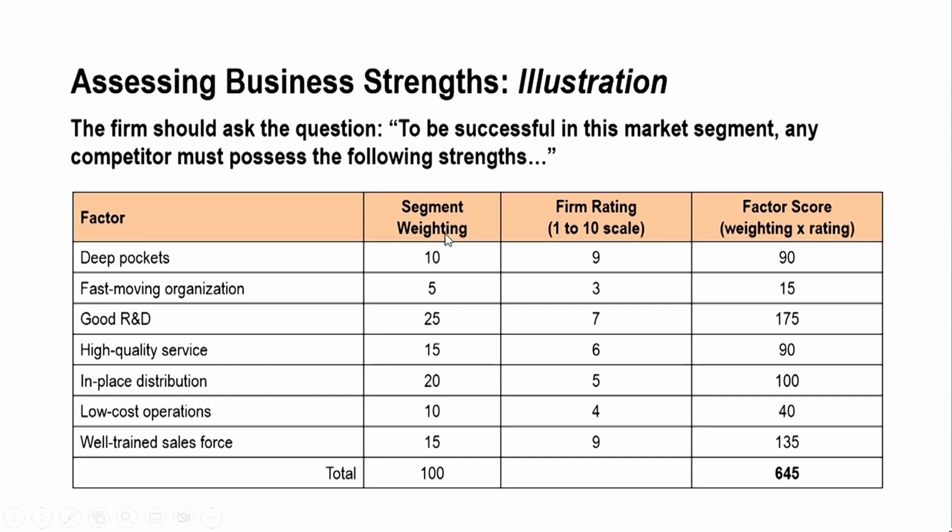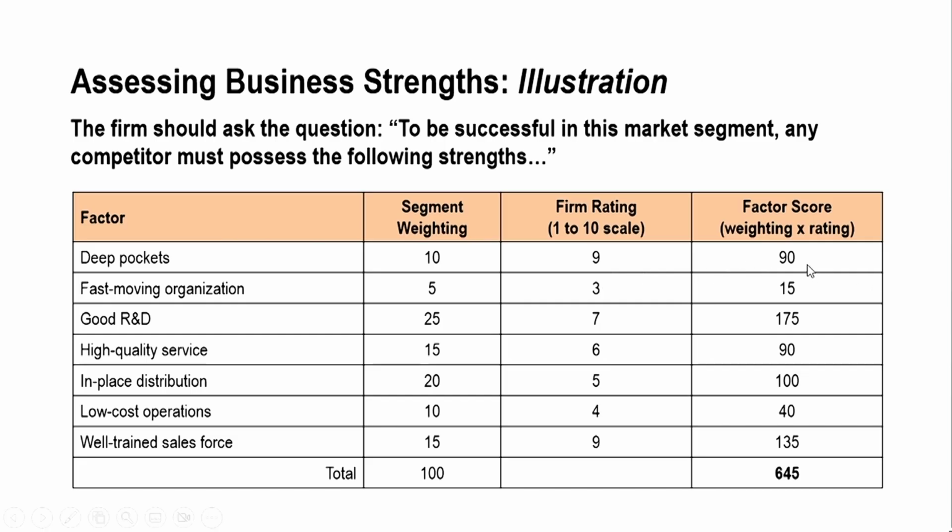And based on these factors and the weights, we can also evaluate the firm's current position on a scale of 1 to 10. And so, if the organization is a large organization and has deep financial resources or deep pockets, then we say that factor score is 90.